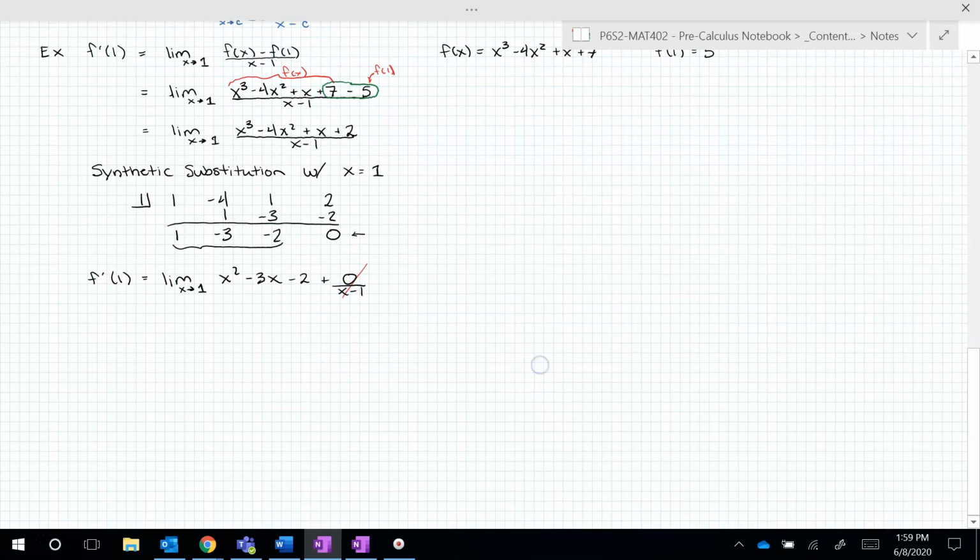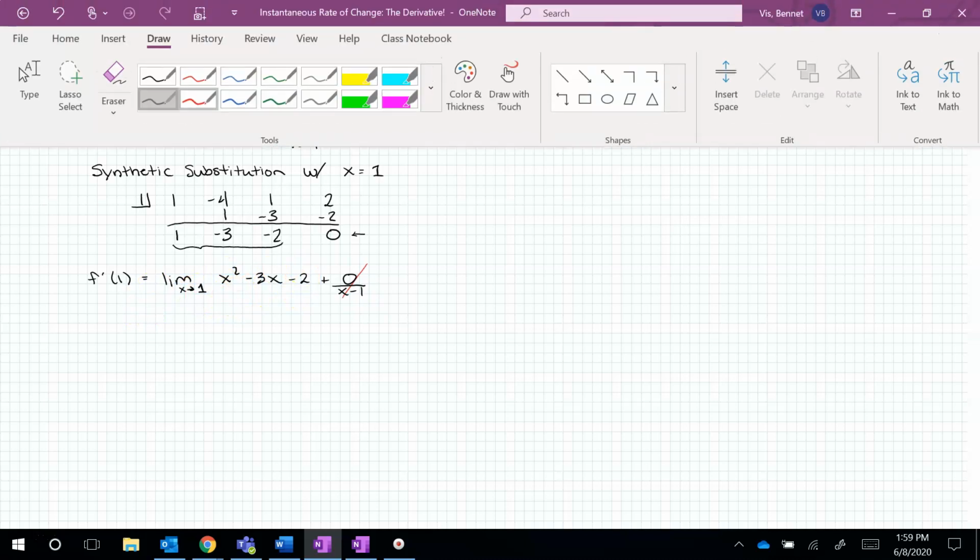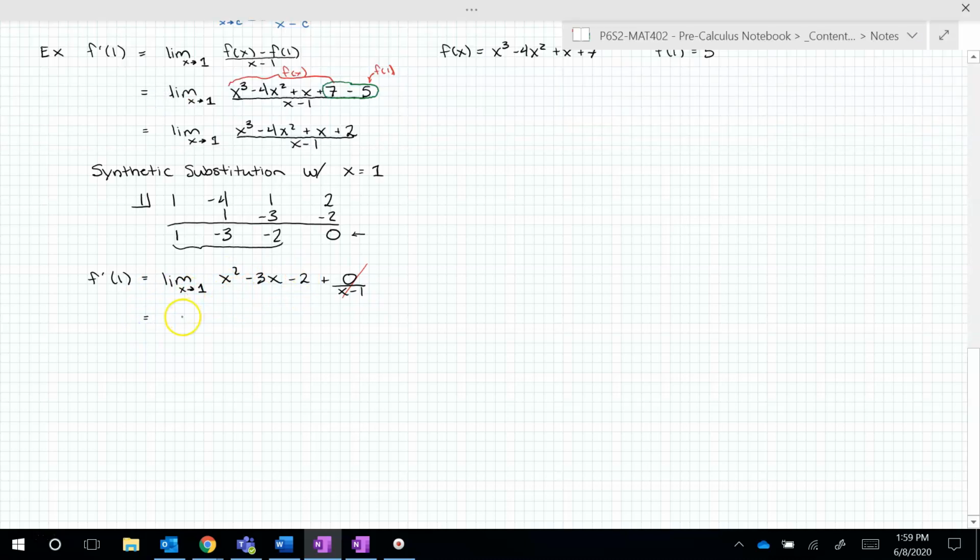Right? So what I want to do is just plug in 1 to this quadratic remainder. Right? So this is equal to just what is 1 squared minus 3 times 1 minus 2. It's going to be 1 minus 3 minus 2, or negative 2 minus 2, which is equal to negative 4.